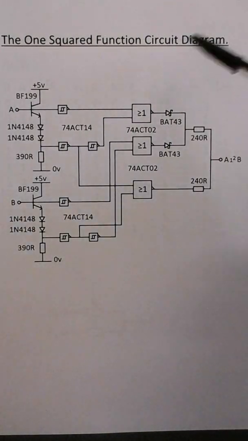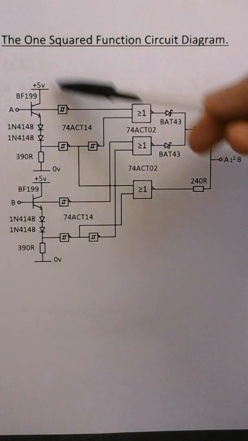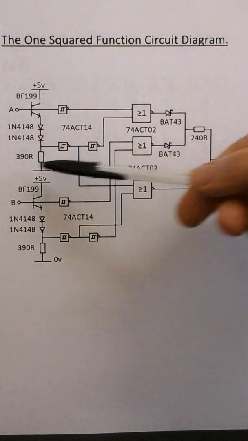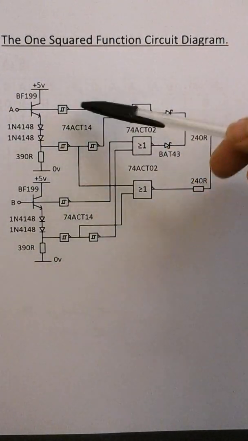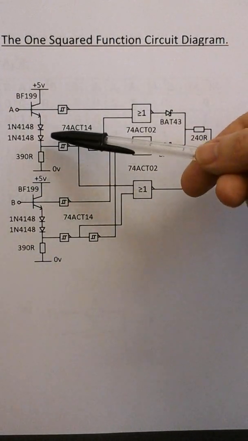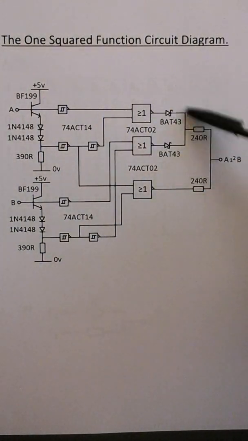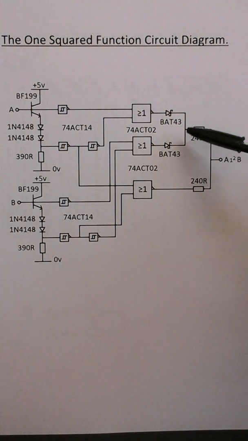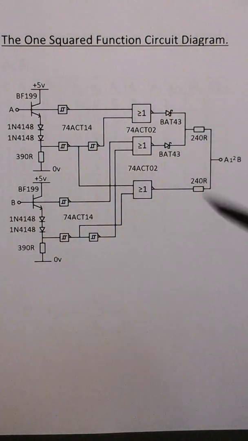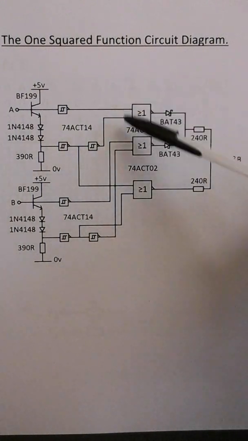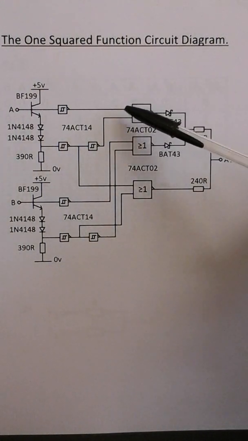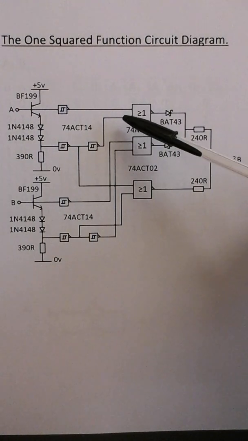Right, this is the 1 squared function circuit diagram. Again, transistor diode resistor networks here to convert A and B into A1, A2, B1 and B2. These are the diodes I'm using to create the NOR function, or the OR function. And here we have not A1, not A2.